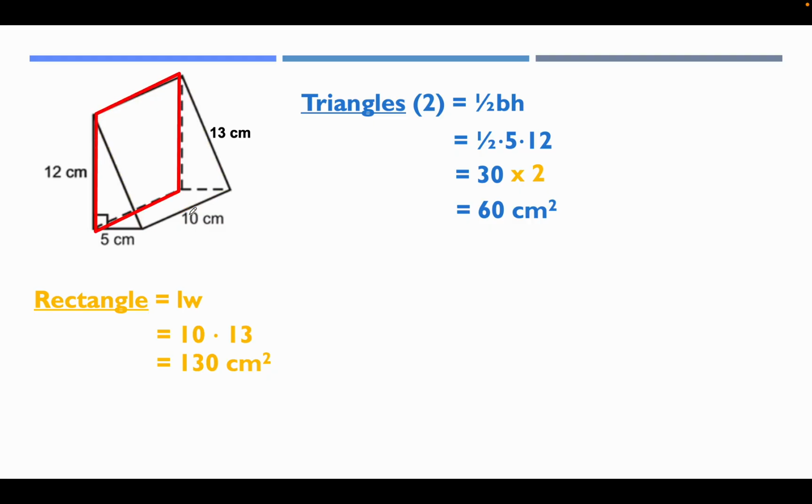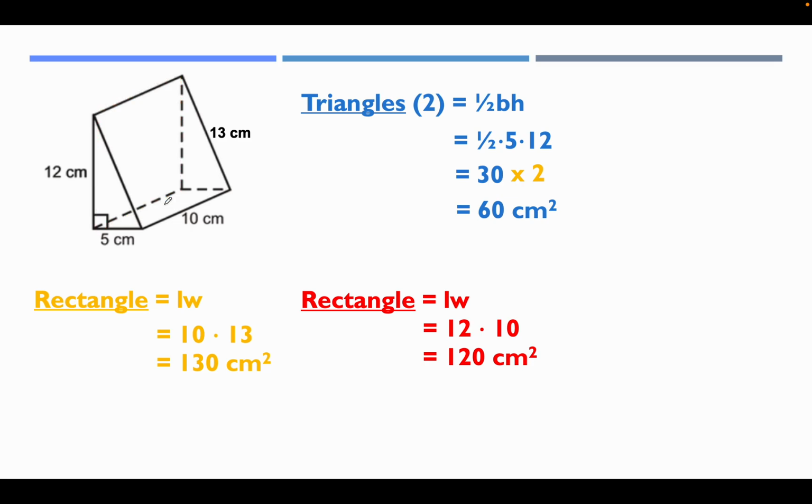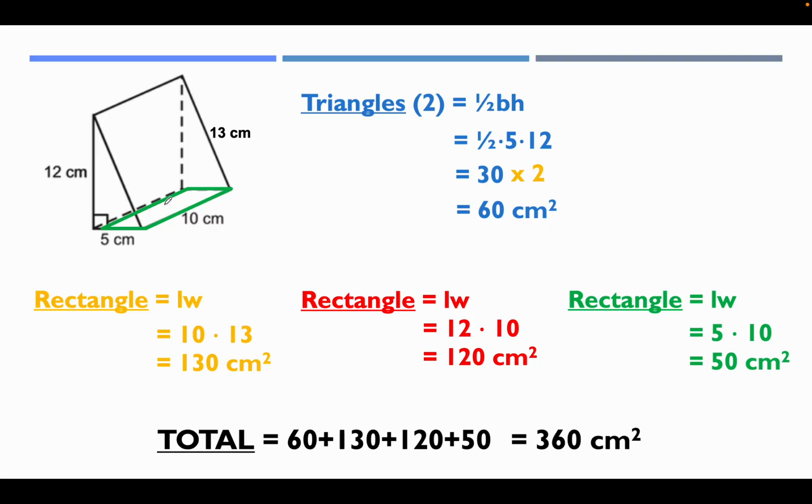The next one we are going to do is this 12 by 5, or excuse me, 12 by 10, that's 120. And then lastly, the bottom one, which was 5 times 10, which is 50, taking all of those numbers and adding them together for that same answer of 360 centimeters squared.